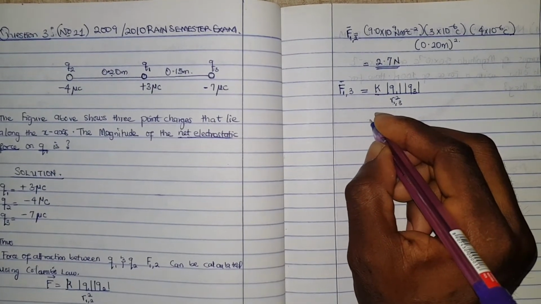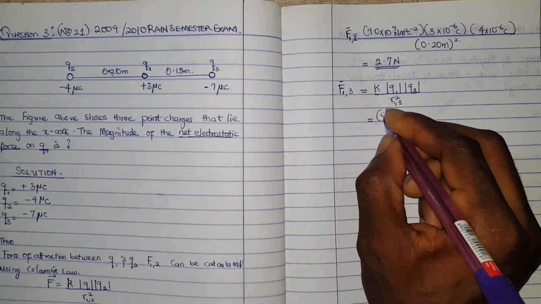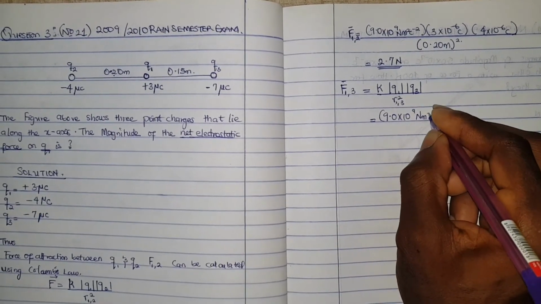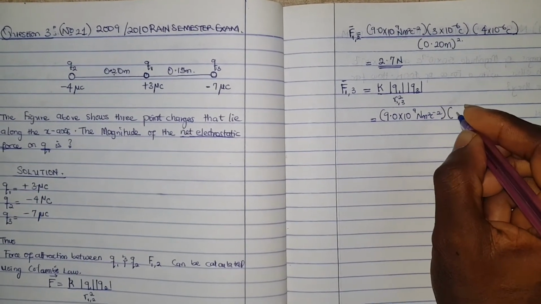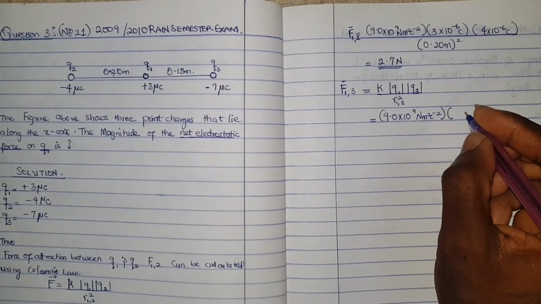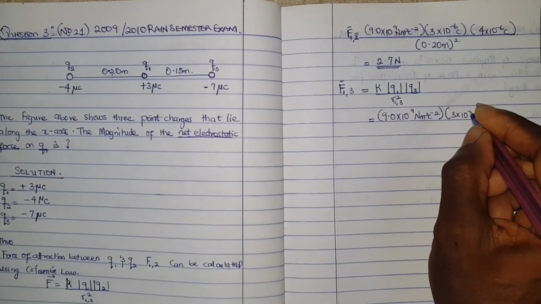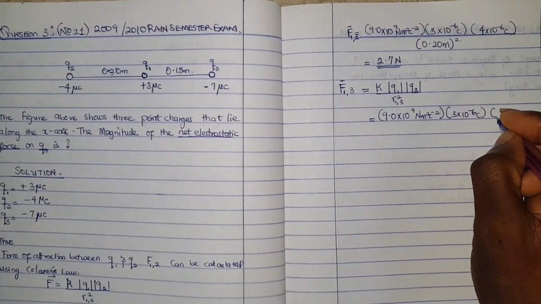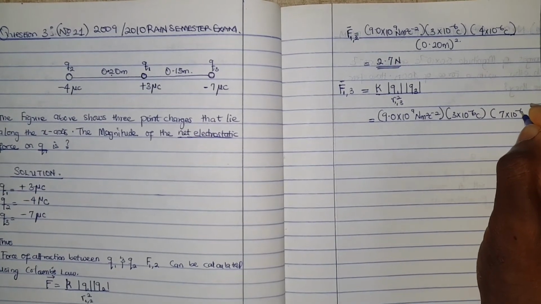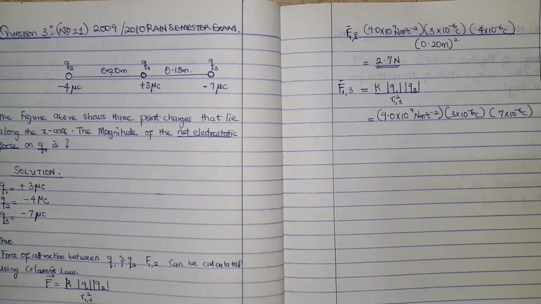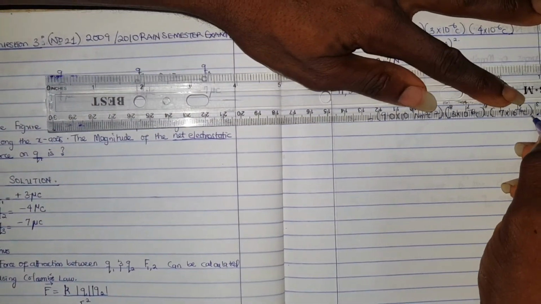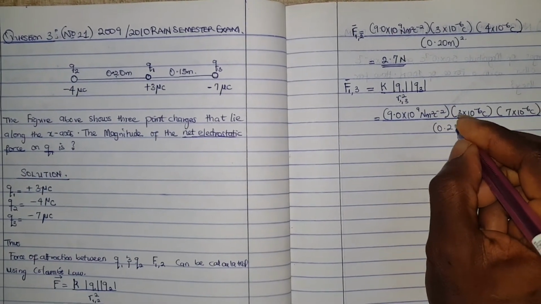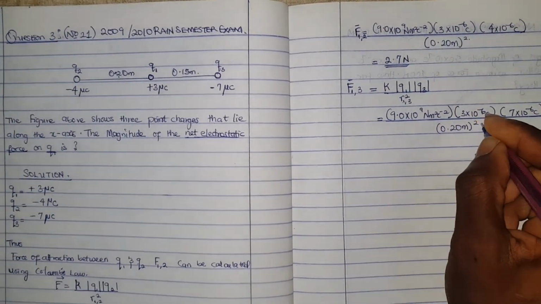This is equal to 9.0 times 10 raised to power 9 newton meter square per coulomb square. Q1 is given as 3 times 10 raised to the power minus 6 coulomb. Q3 is given as 7 times 10 raised to the power minus 6 coulomb over 0.20 meters square.